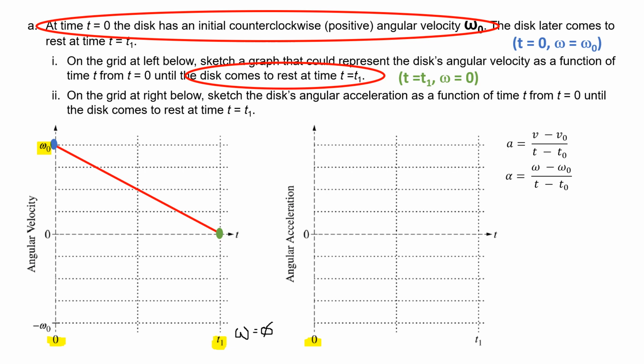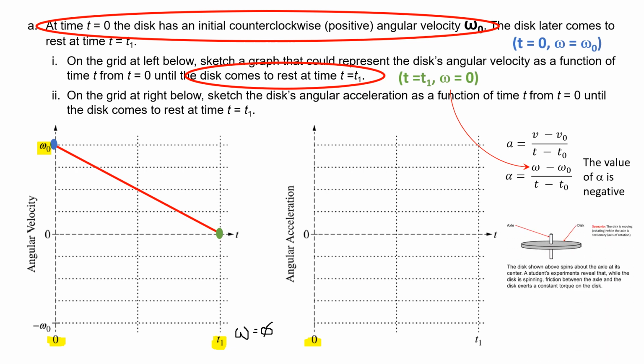Alpha means rotational acceleration, while omega means rotational velocity or speed. Omega is 0 over here, so we have 0 minus omega sub naught. The change is negative because you didn't start from rest, but you end at rest. That is your final rotational velocity.